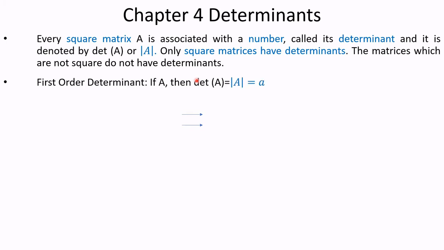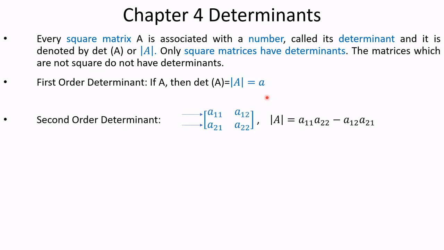First order determinant: if A is the first order determinant, then it is represented as det A within small brackets, or A between two vertical lines, or simply equals small a.